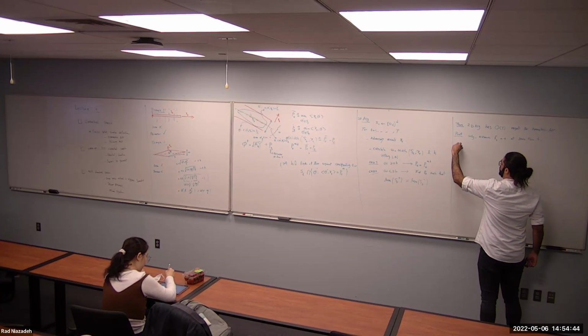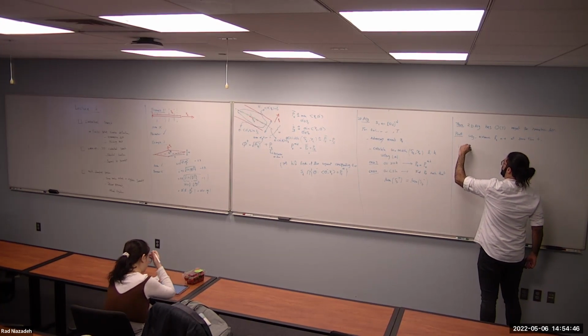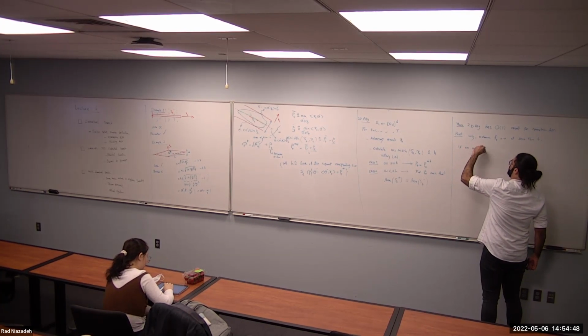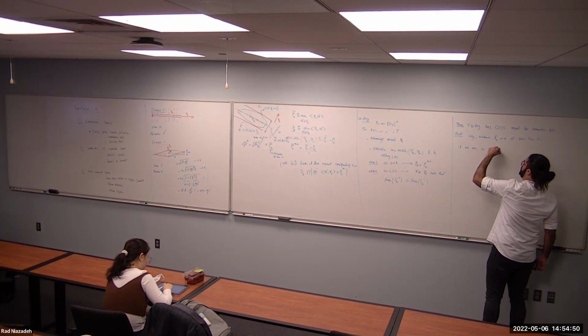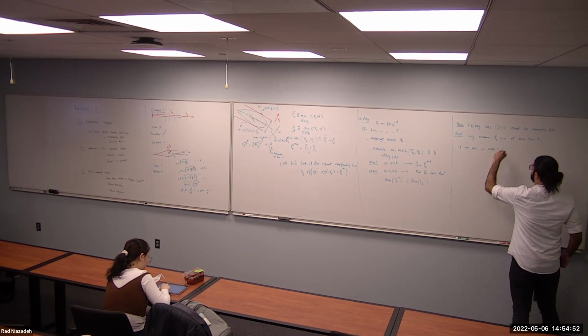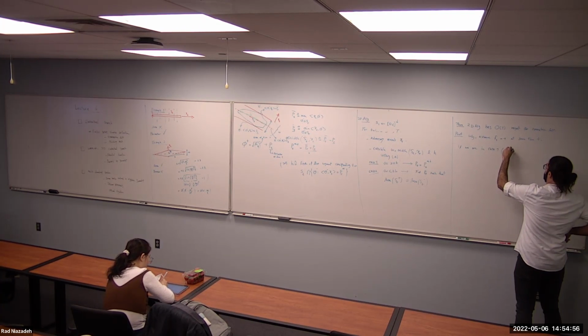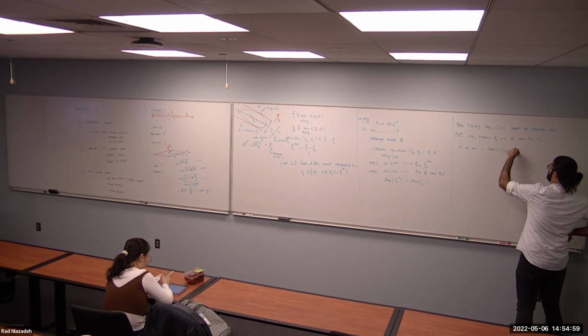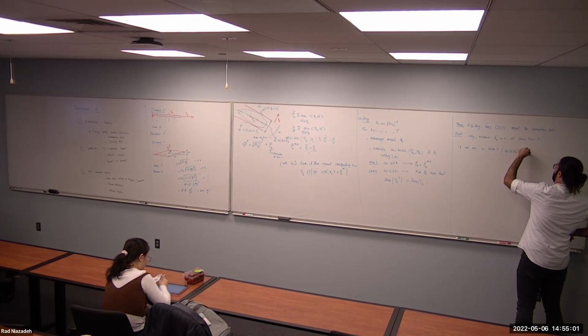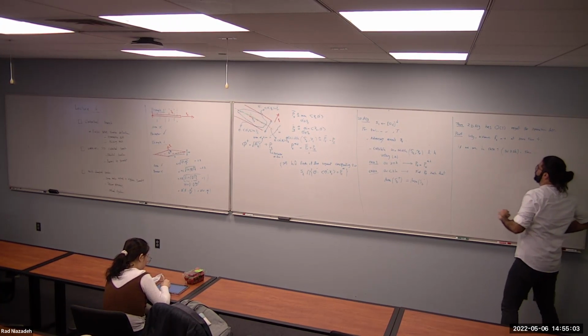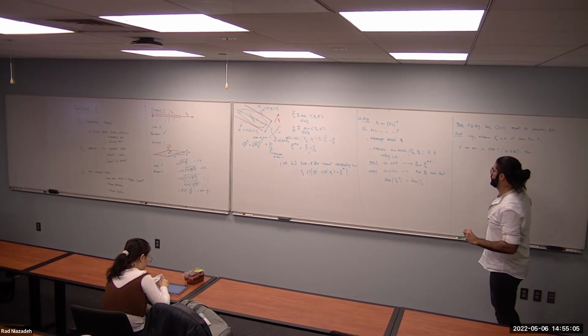Now, if we are in case 1, meaning that the knowledge set you have at that time has a property that W is greater or equal to H, then let's look at the change in the potential function.